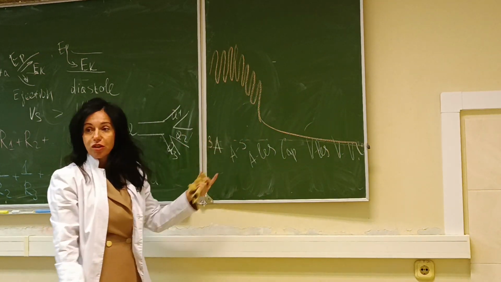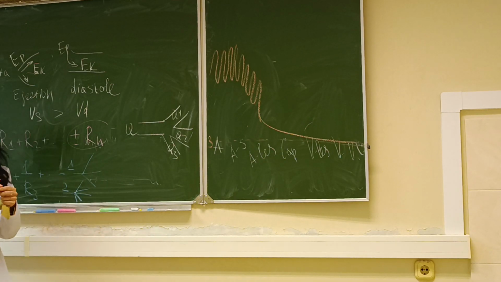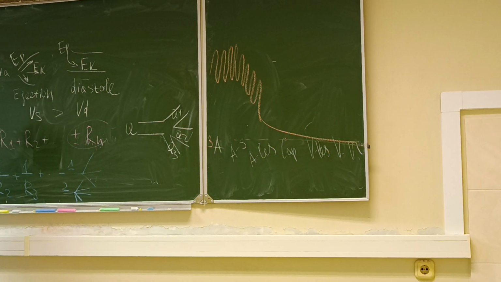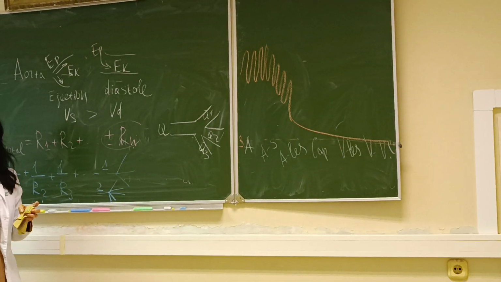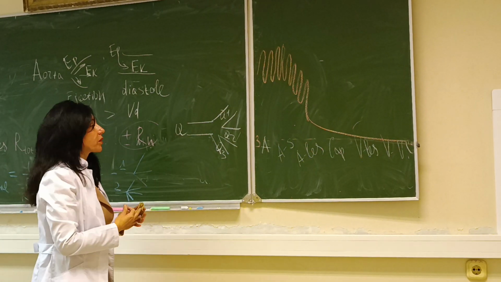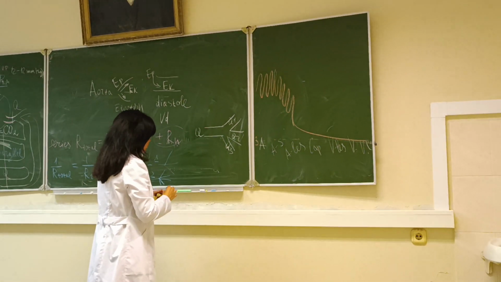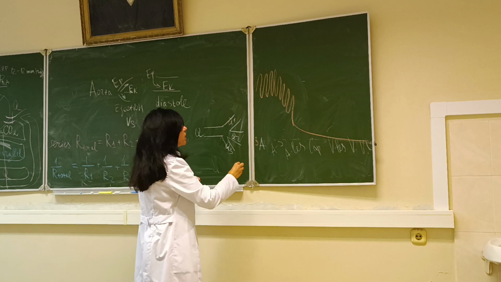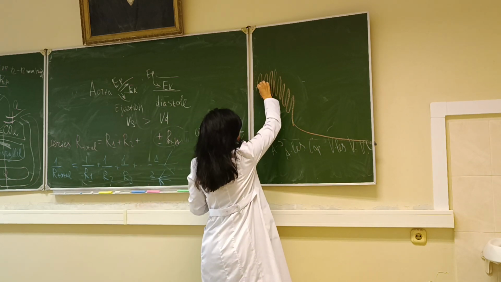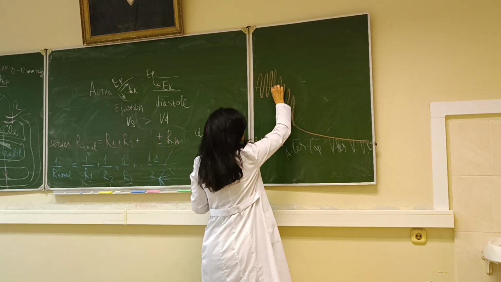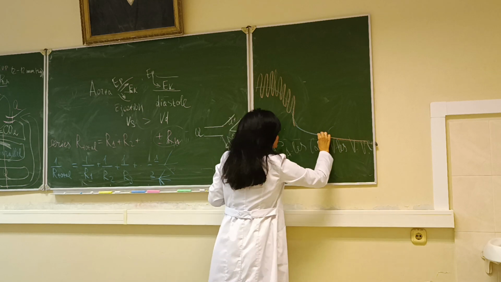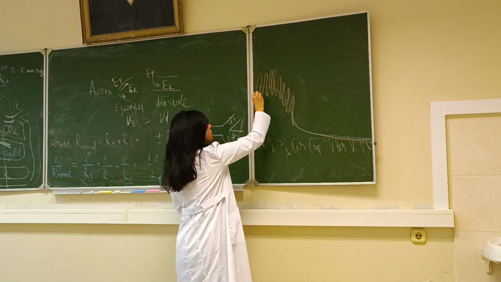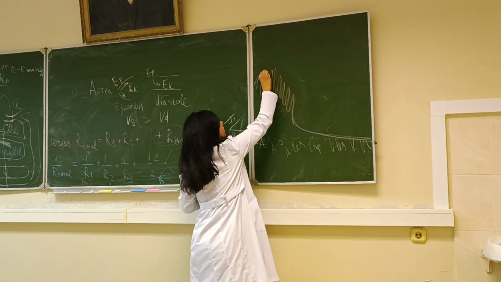Mean blood pressure with the cardiac cycle: because systole is shorter and diastole is longer, mean blood pressure is closer to diastolic blood pressure.